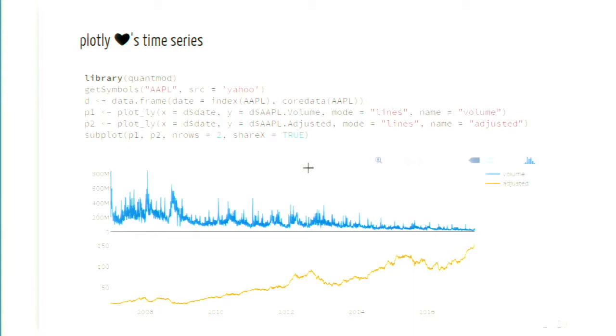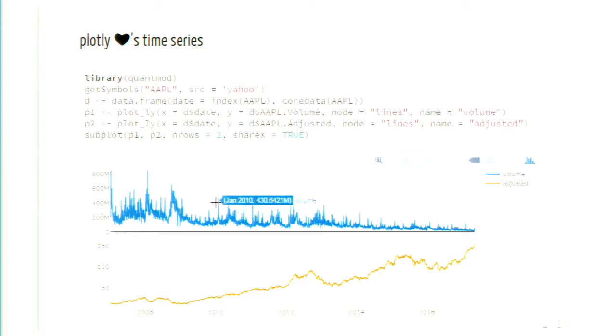You can give Plotly basically any date object in R, and it'll know how to send that to Plotly.js, or you can give it a vector of strings that are formatted as dates, and it'll know what to do with that as well.